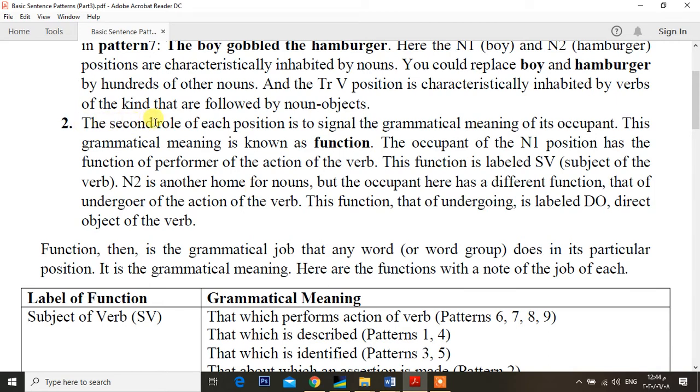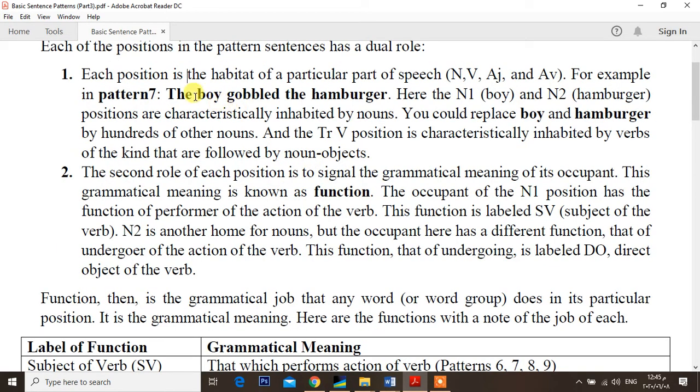The second role of each position is to signal the grammatical meaning of its occupant. This grammatical meaning is known as function. The occupant of the N1 position in our previous example has the function of performer of the action of the verb.